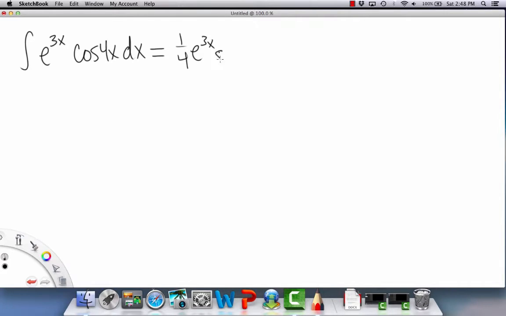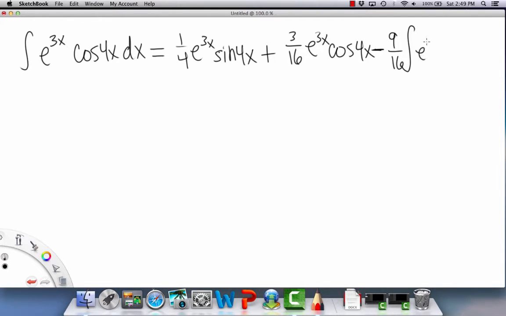We have 1 over 4 e to the 3x sine 4x, and then a plus 3 over 16 e to the 3x cosine 4x minus, and this is the very important part, 9 over 16 integral of e to the 3x cosine 4x dx. And there's a plus c too, just because it's an indefinite integral.